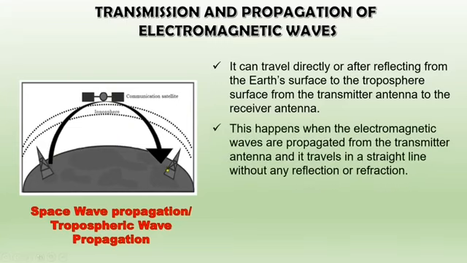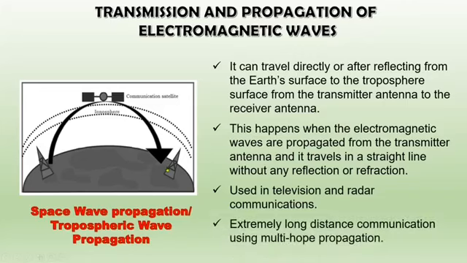This happens when the electromagnetic waves are propagated from the transmitter antenna and it travels in a straight line without any reflection or refraction. Used in television and radar communications. Extremely long-distance communication using multi-hop propagation.